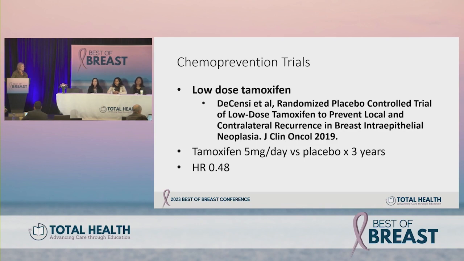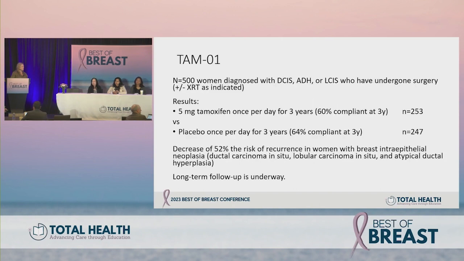In addition, recently there's low-dose tamoxifen with 5 milligrams daily versus placebo for 3 years in patients with high risk of developing breast cancer. But the majority of the population tested, like 70% of them, had DCIS history.